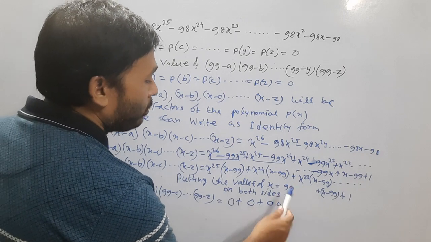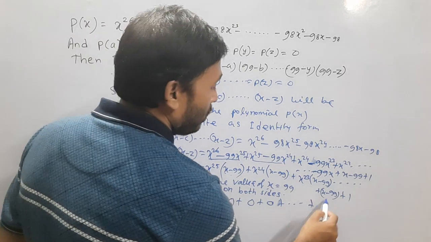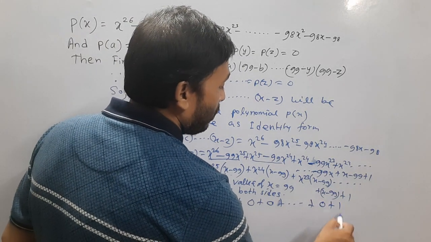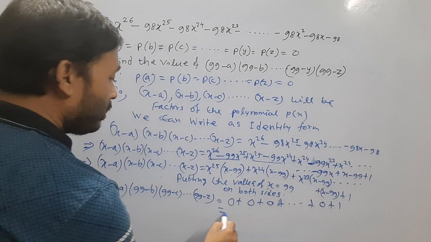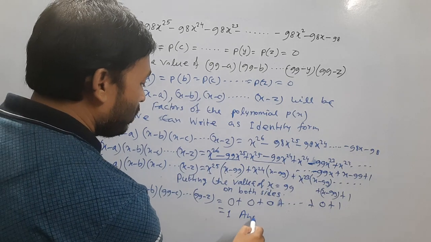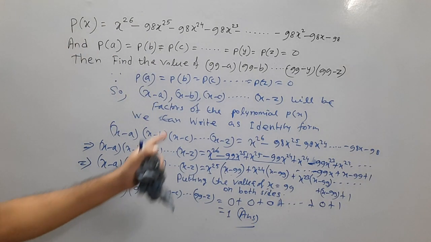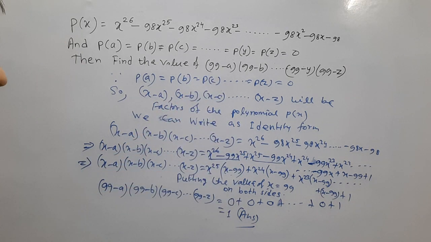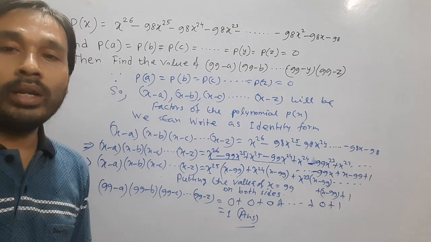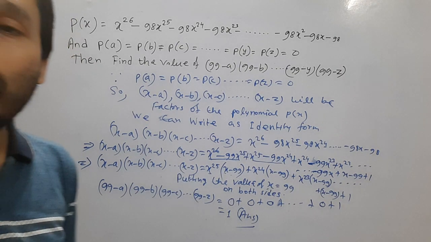Also 0, 0, up to this term. Last term plus 1 is equal to 1. This is the answer. So 99 minus a into 99 minus b, and so on, 99 minus z is equal to 1. Clear? Okay.